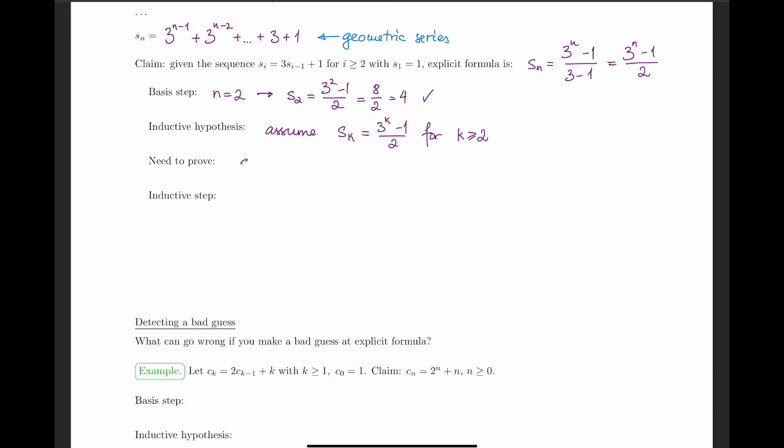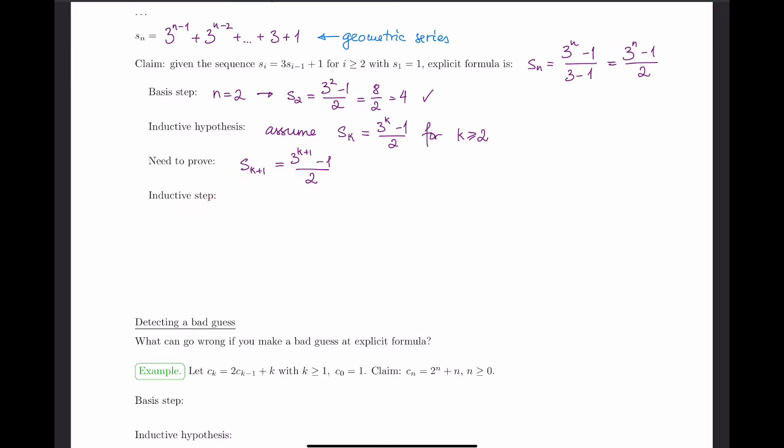And I would like to prove that the same relationship holds for k plus 1. In the inductive step, in the actual proof, we're going to, as in the previous exercise, take this formula, start from the left-hand side, and via a sequence of equations, hope to arrive at the right-hand side.